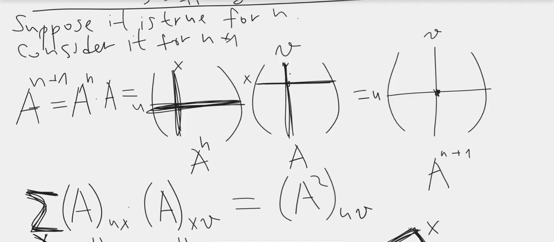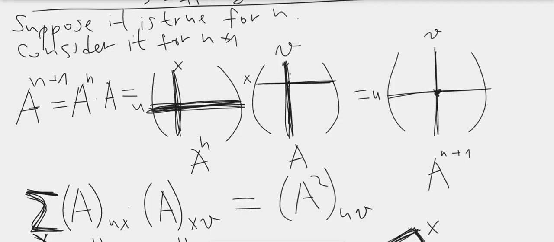And again, the multiplication of any two matrices is that we take the row corresponding to vertex u in the first matrix, we take the column corresponding to the vertex v in the second matrix, and we multiply these two vectors and obtain the value at the intersection of the row u and column v in the resulting matrix.